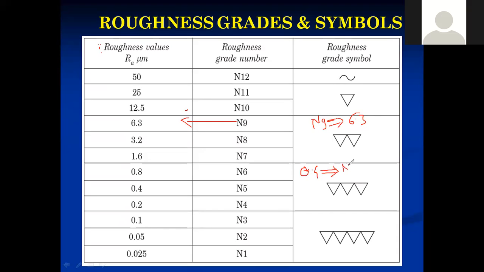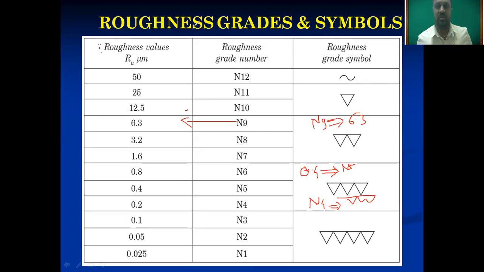In another manner also they will ask what is the symbol for the N4 grade? 3 triangles. In such manner they will ask the questions.